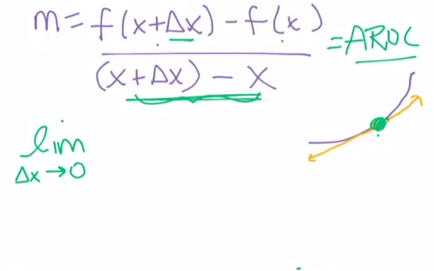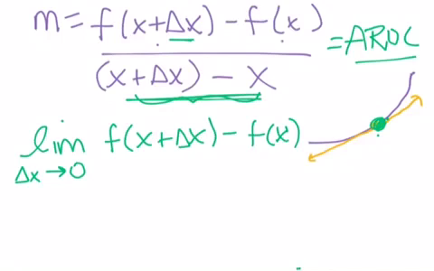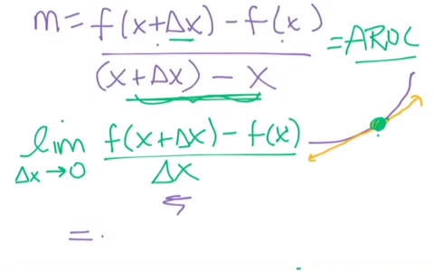So I then have my slope, and it becomes a limit because I want this bottom value to go to 0. Okay, I want it to become a single point. This represents our slope, and it's an instantaneous slope.